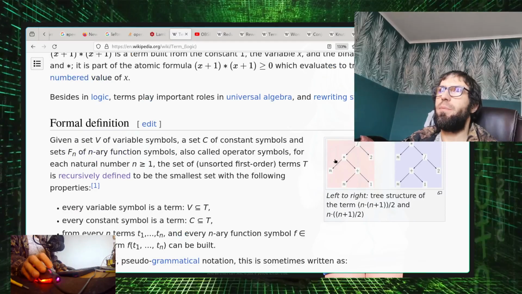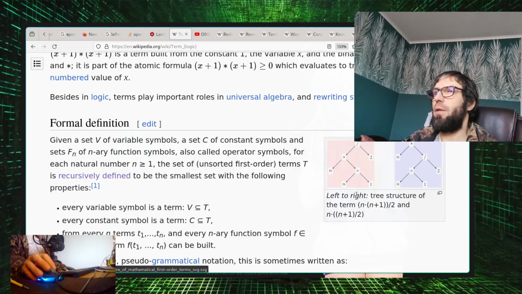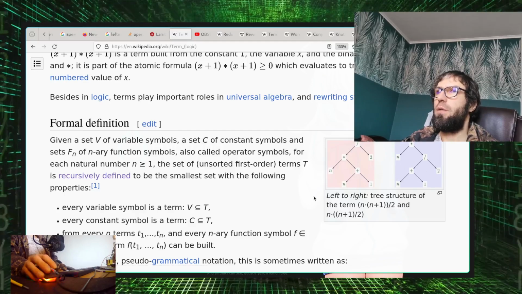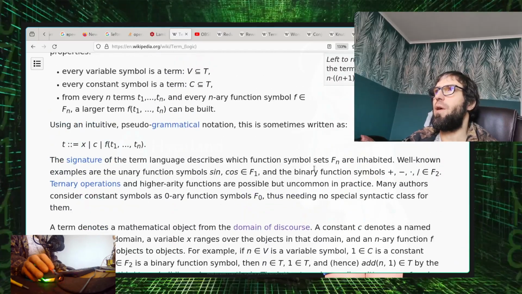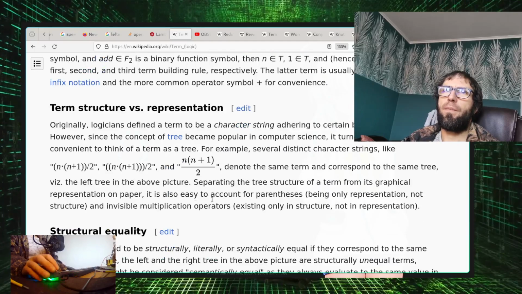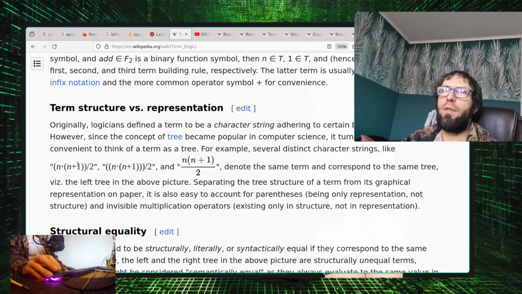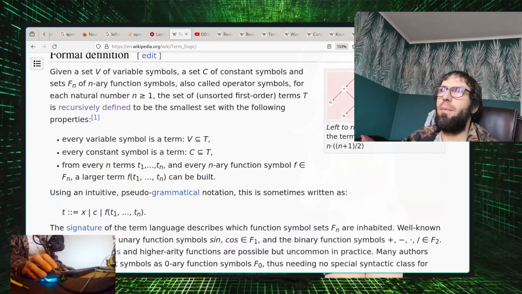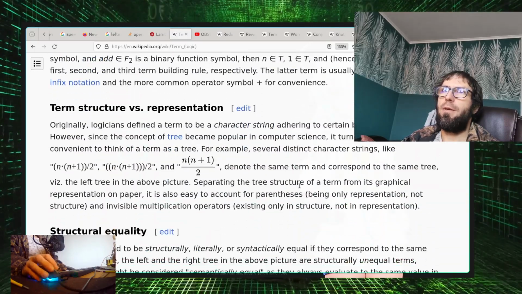We have two trees here, and it's interesting that they represent the same term, the same mathematical object. It's a mathematical structure. Here we can say that all these three terms are the same as this tree.